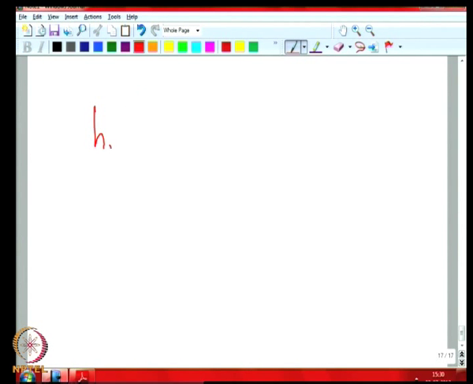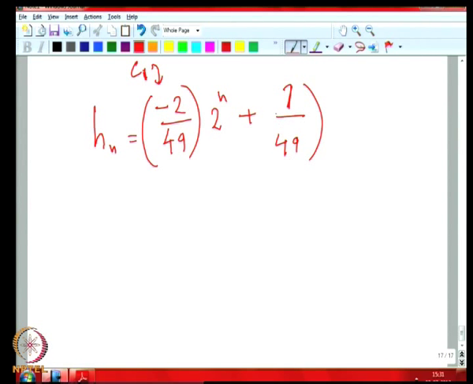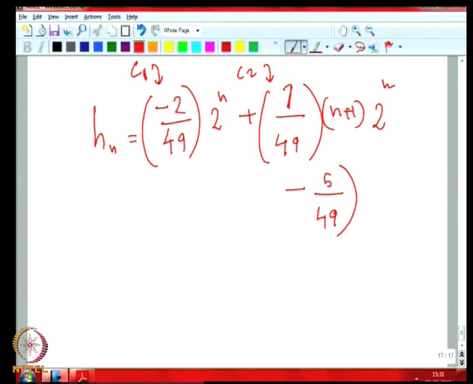So, Hn is equal to minus 2 by 49, this is the first coefficient, this will correspond to c1, into 2 raised to n, plus 7 by 49 into, this will correspond to c2, n plus 1 into 2 raised to n, minus 5 by 49 into minus 5 raised to n.